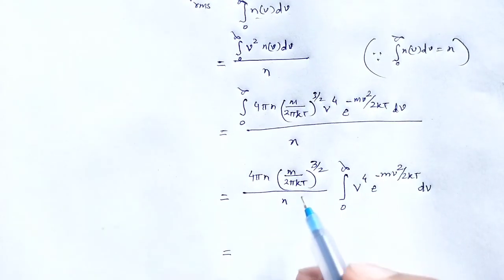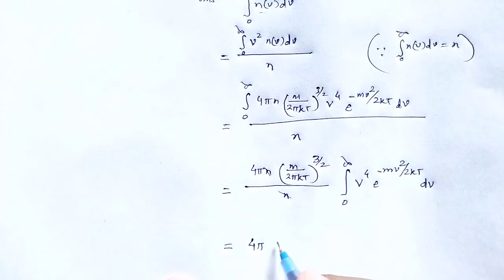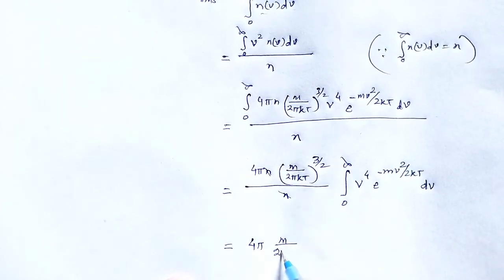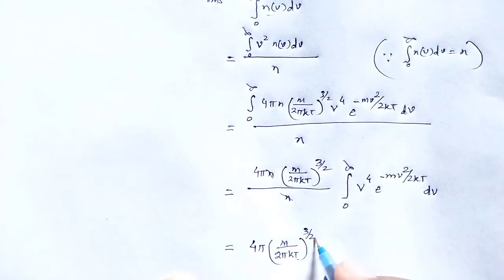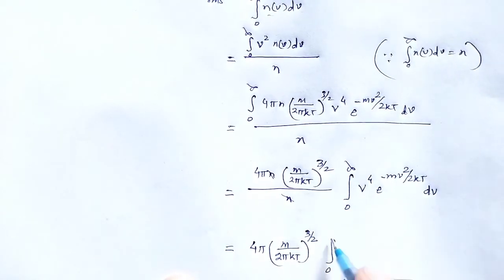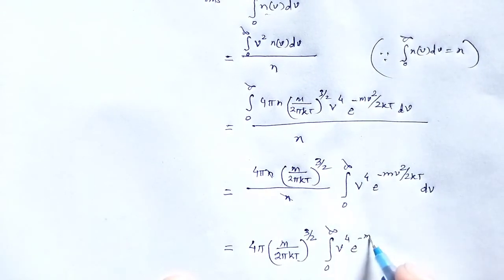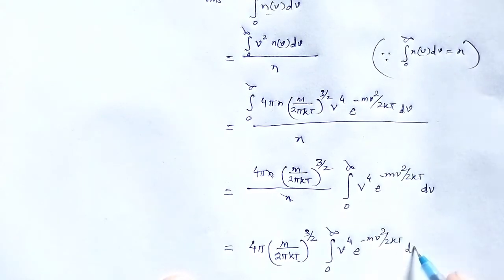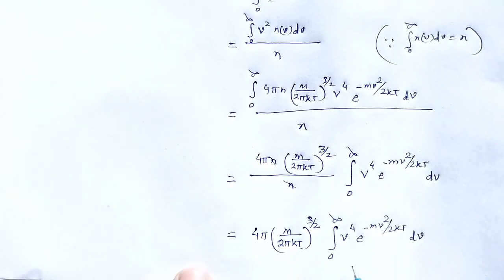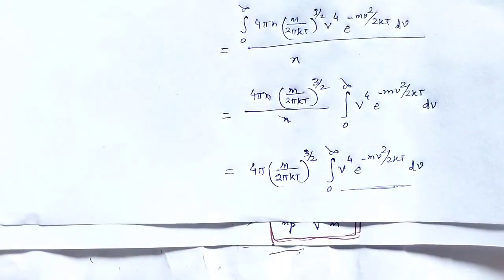N cancels out, giving 4 pi (m by 2 pi kT) to the power 3 by 2 integration from 0 to infinity of v to the power 4 e to the power minus mv square by 2 kT dv. Again we use a standard integral here.